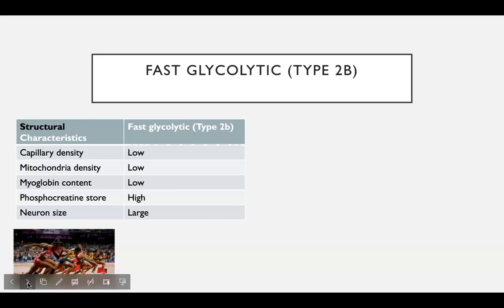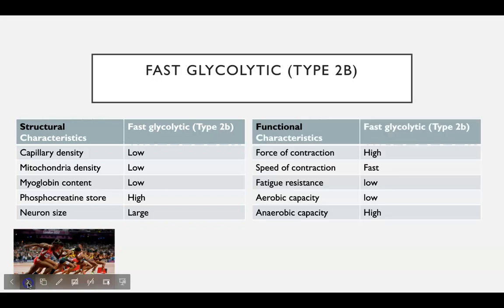What muscle fibre type is this? Fast glycolytic. Functional characteristics: high force of contraction, fast speed of contraction, fatigue resistance low, tires quickly, aerobic capacity low, anaerobic capacity high. This is really good for short, high intensity exercise such as a 100-metre sprinter, shot putter, discus thrower, and so forth.